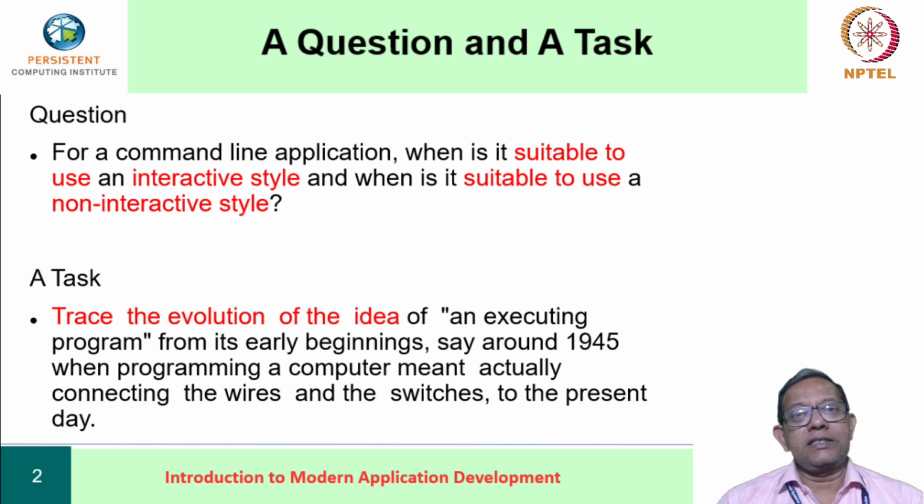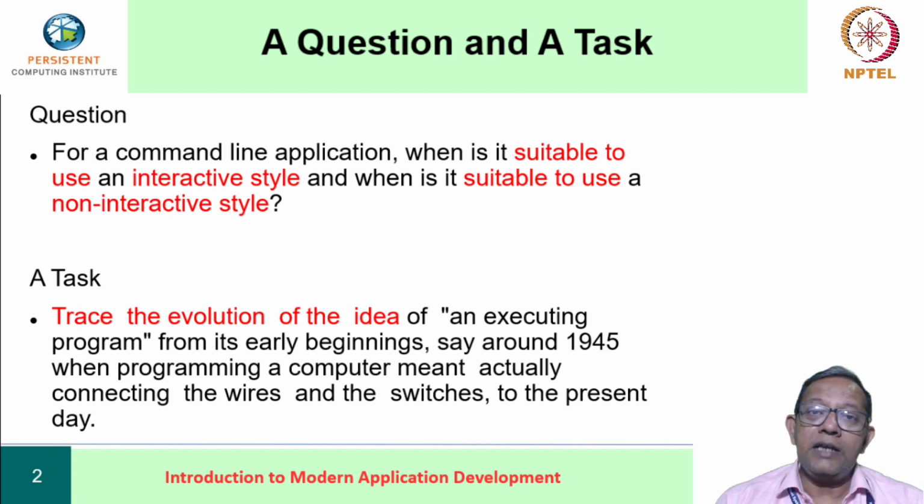Over the decades, the idea has evolved to the present day. We encourage you to look up this idea, trace it up. Maybe you could divide the entire period into decades, say 1945 to 55, 1955 to 65, 1965 to 75, and so on until the present day.